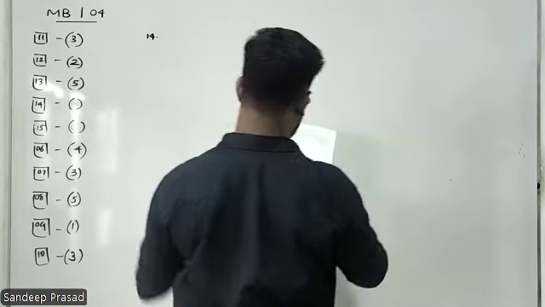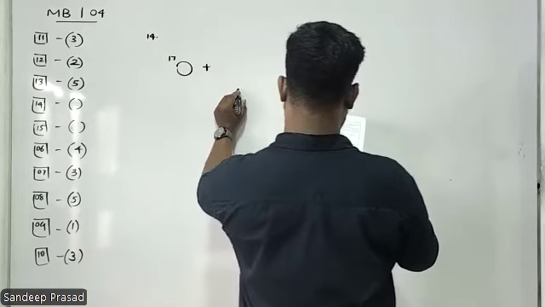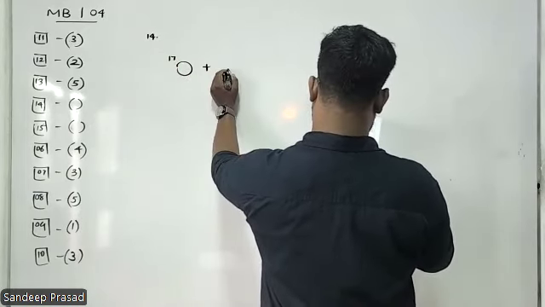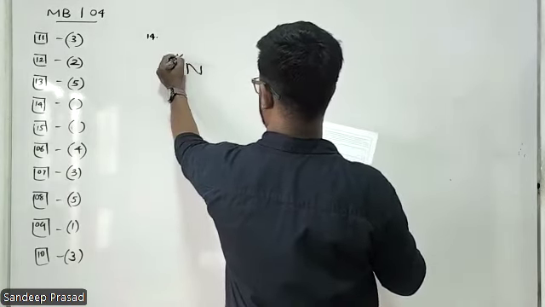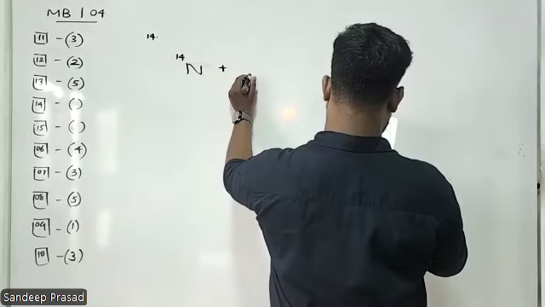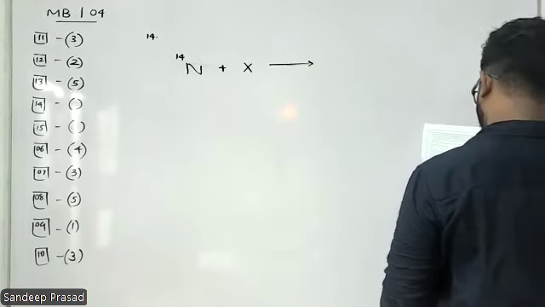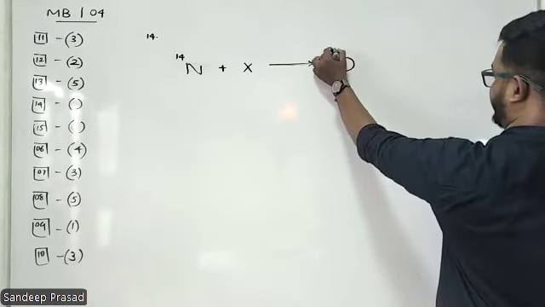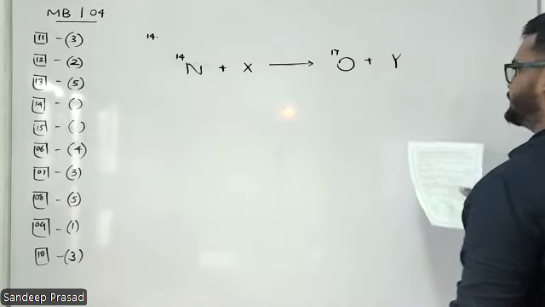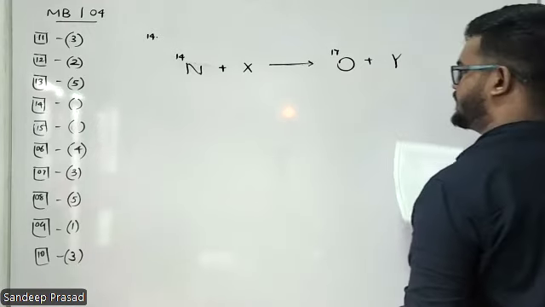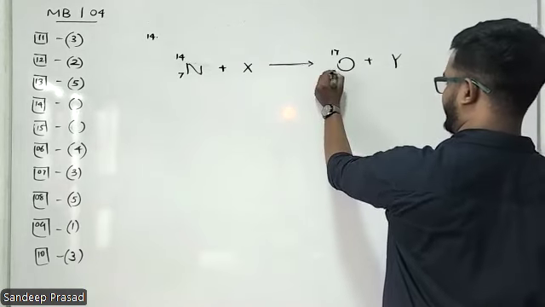Question number 14. Nitrogen is bombarded with X. Then it is producing O17 and Y. First, we know that nitrogen is 7 14, oxygen is 8 17.